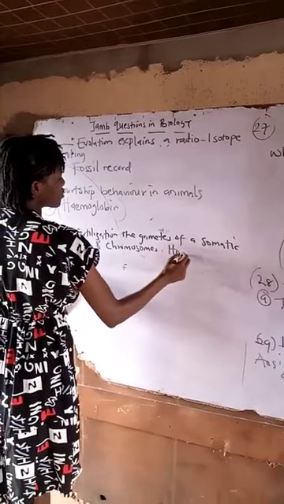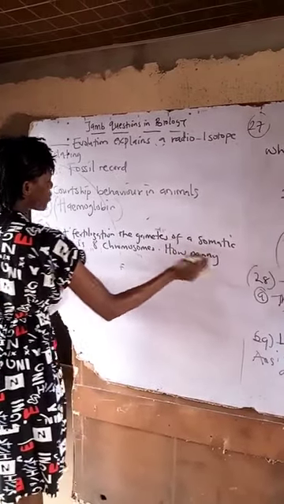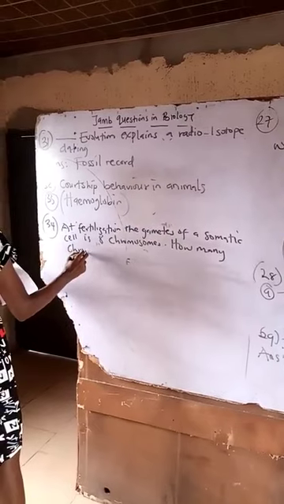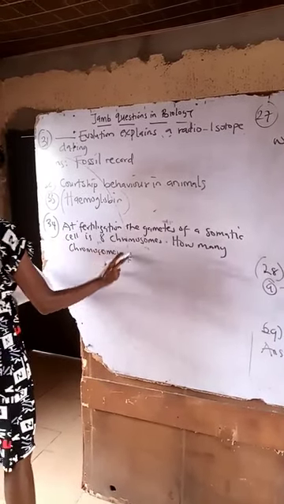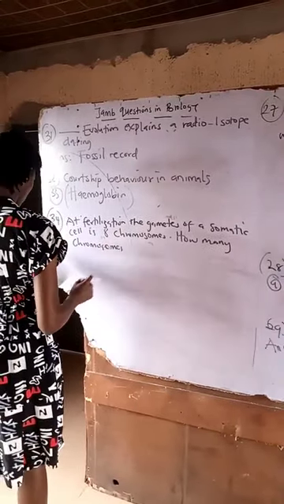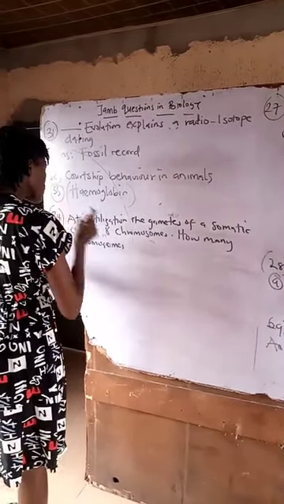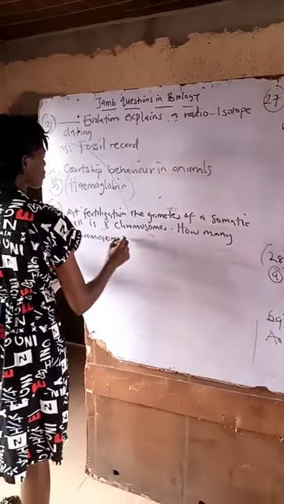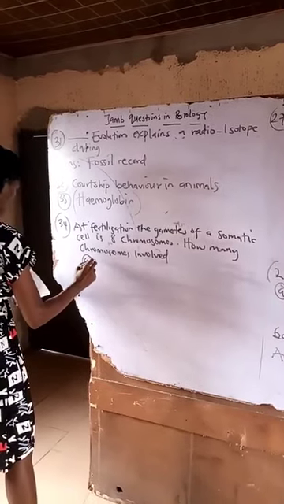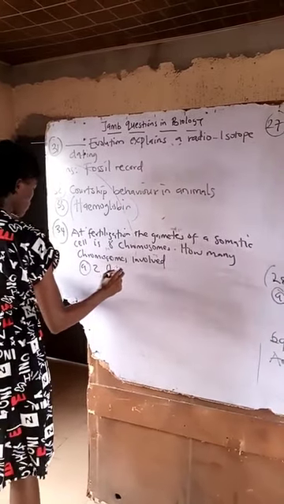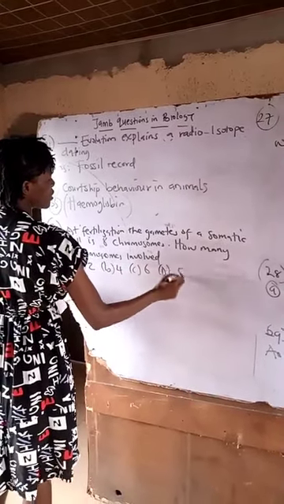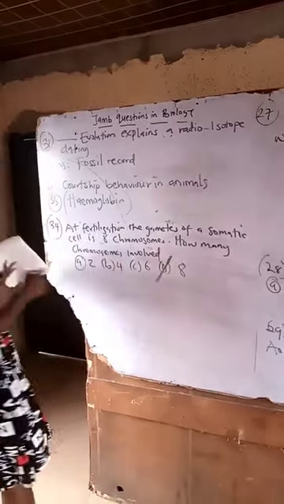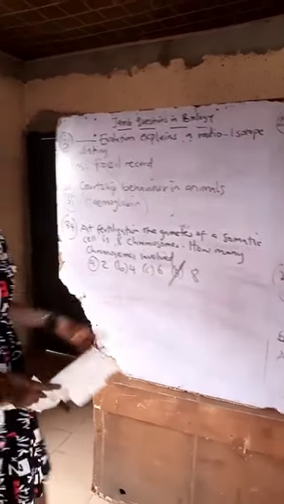How many chromosomes involved? They wrote options A 2, B 4, C 6, D 8. Means the answer is what? Still 8 chromosomes.